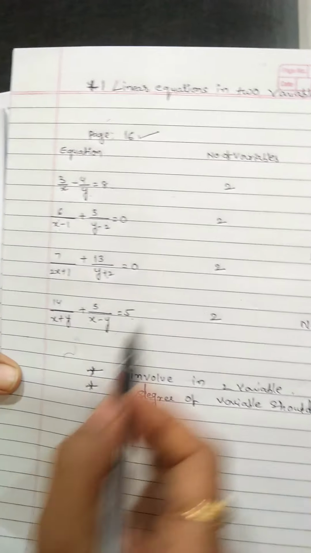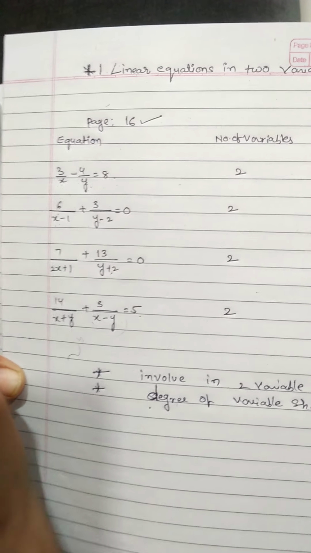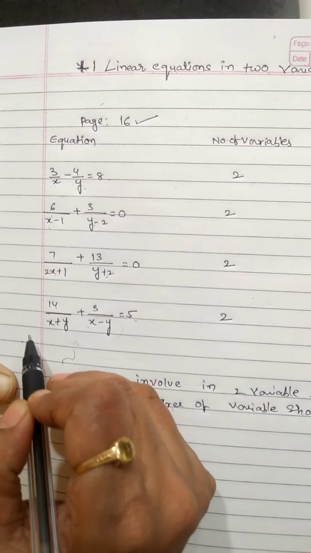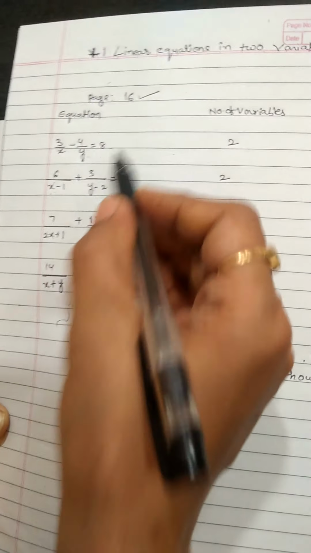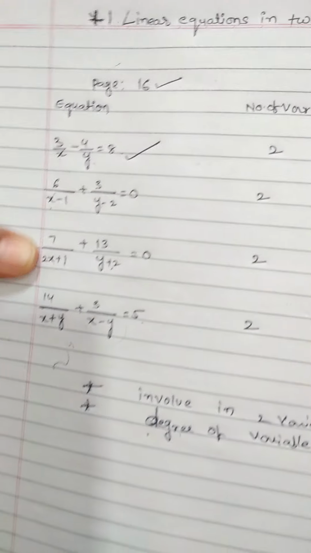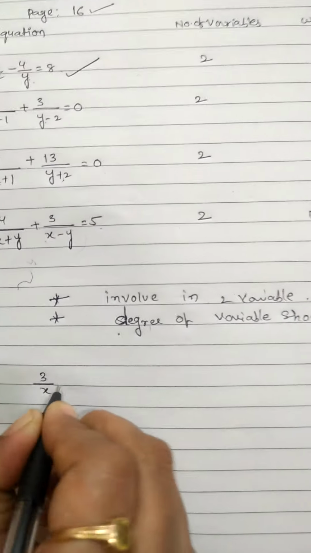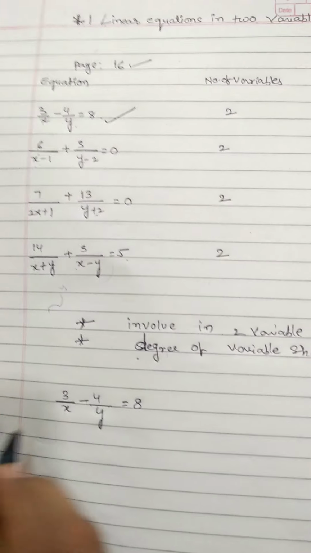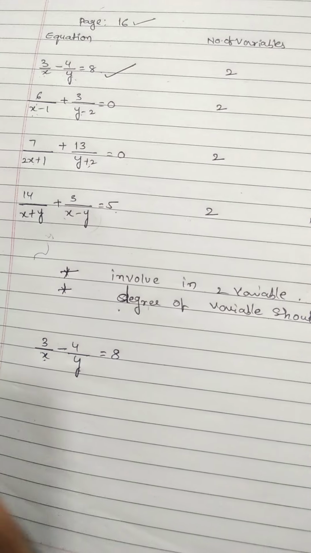Can we make these non-linear equations into linear equations? Yes, we can form these non-linear equations into linear form. How? Let us take one of the equations on page number 16, that is 3 upon x minus 4 upon y is equal to 8. Here the degree of x is not 1 and the degree of y is also not 1.